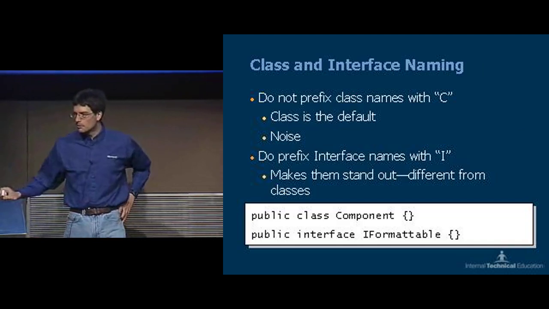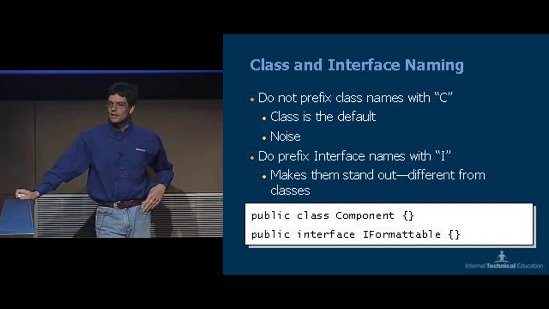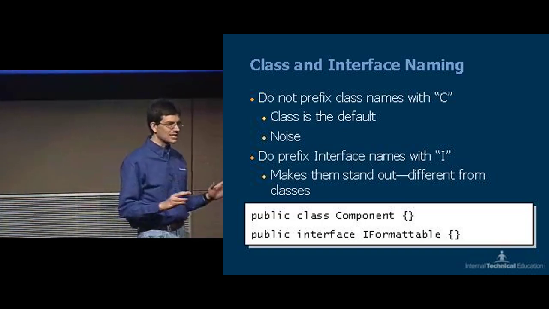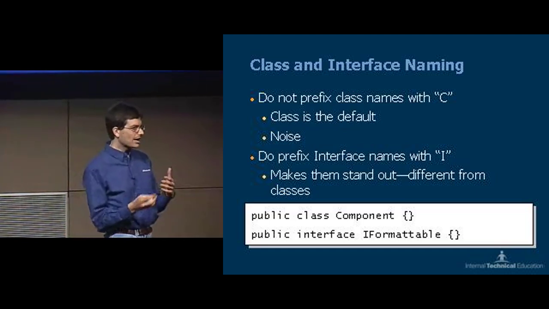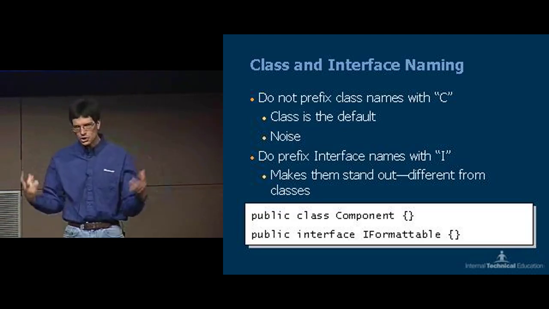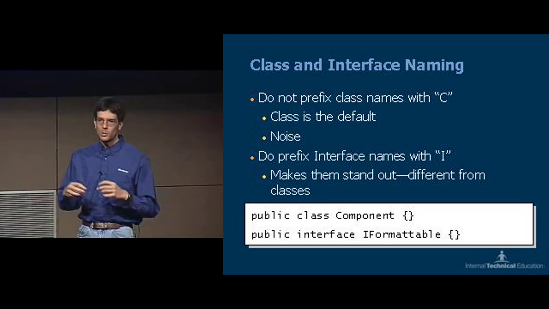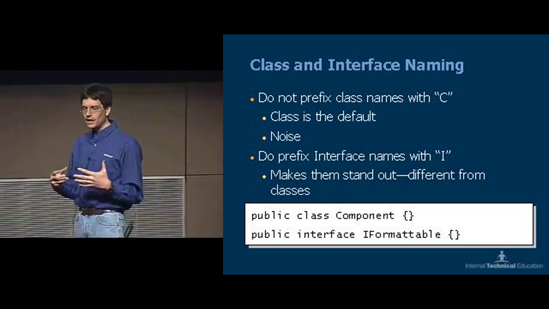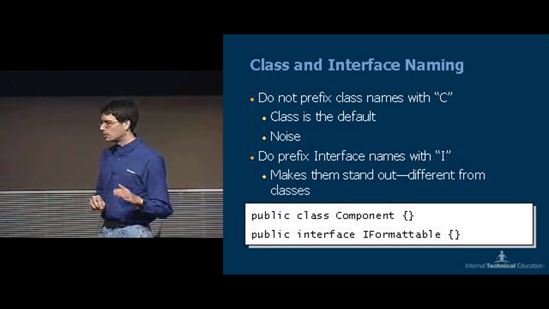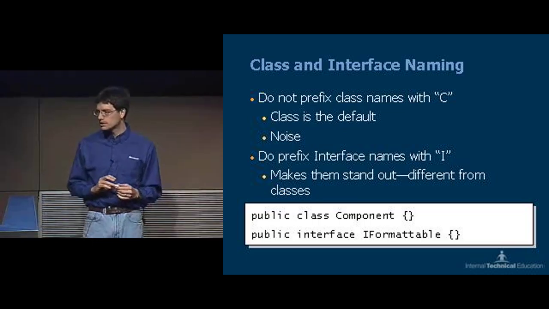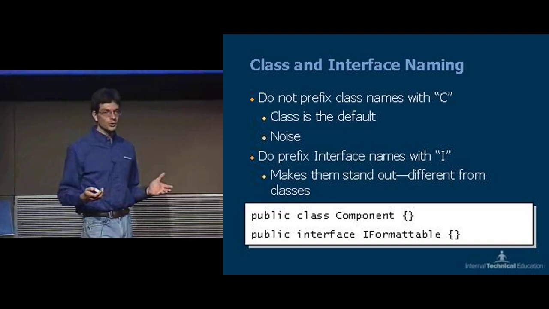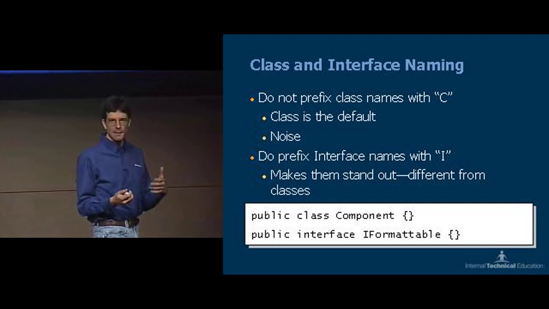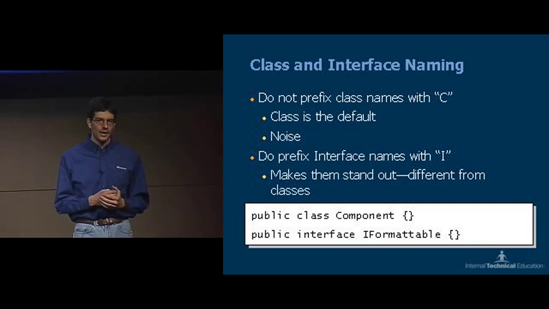Okay, drilling in a little bit more: class and interface naming. The MFC world prefixed all classes with a C. We evaluated that and decided that because classes were so common in the system, we could essentially drop the C and we wouldn't lose any meaning, because we felt like class was the default. So we don't begin with C. But interestingly enough, for interfaces we do keep the I prefix that COM popularized.